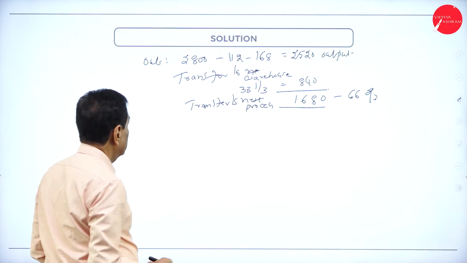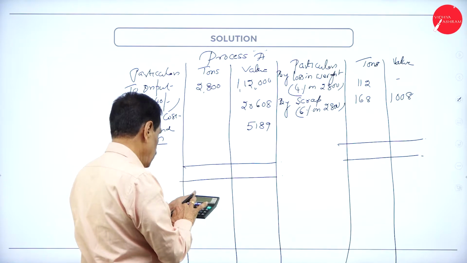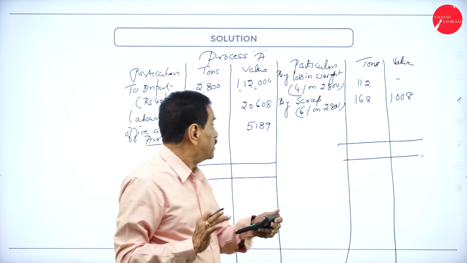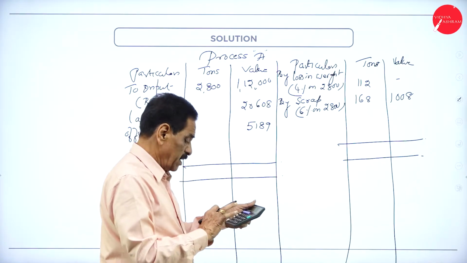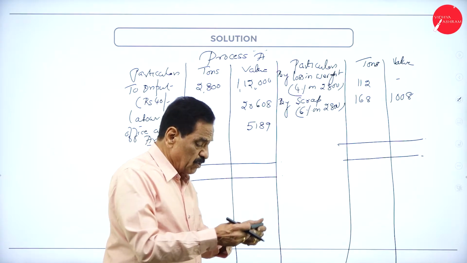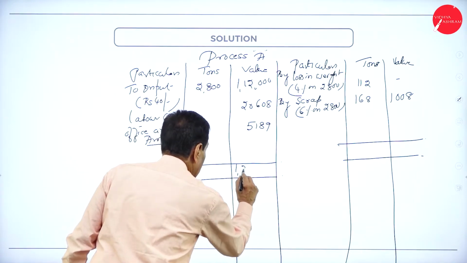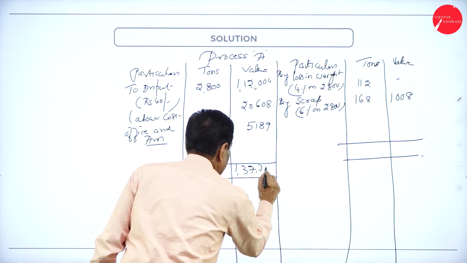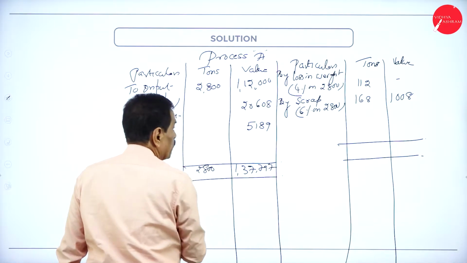Then regarding the expenditure, you got 1,12,000 plus 20,608 plus 5,189, so 1,37,797. This is for 2,800 tons.